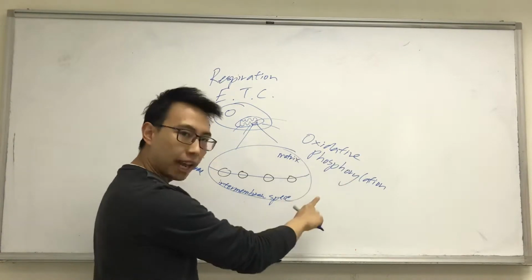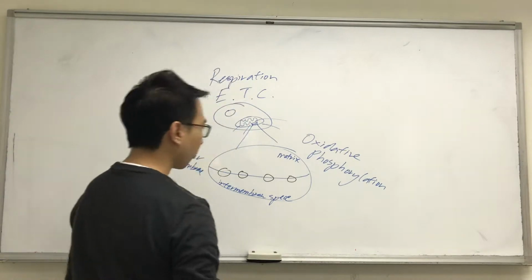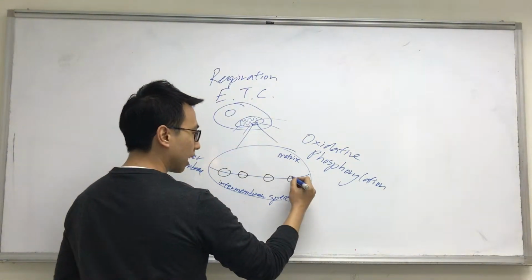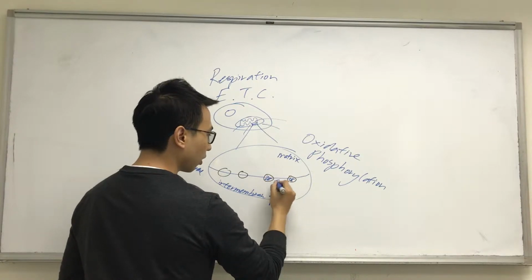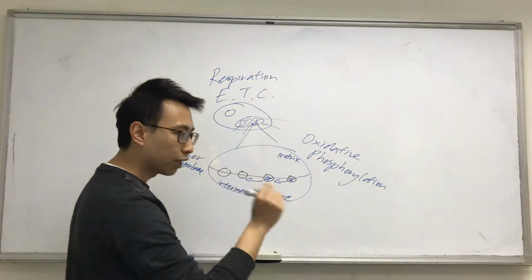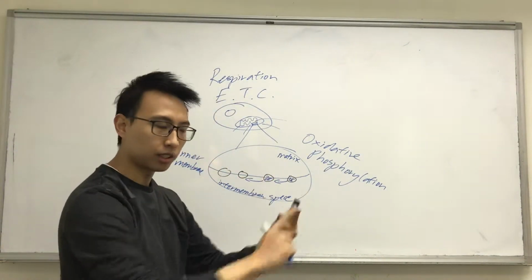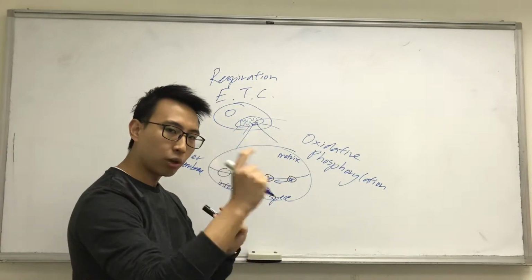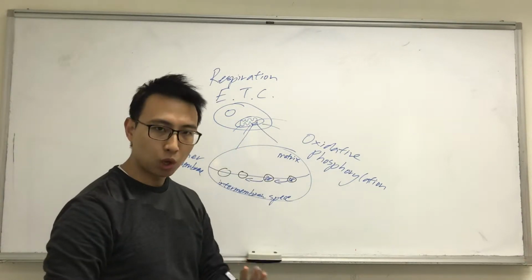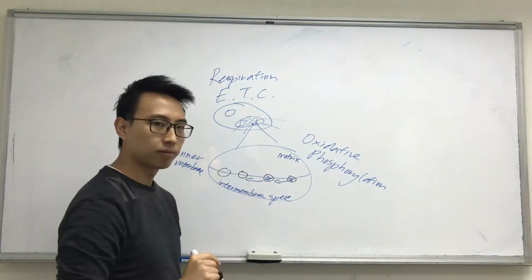Phosphorylation, you are adding a phosphate to a molecule. So, as a pair of electrons is lost from a hydrogen carrier, which you produce from your glycolysis, your link reaction, your Krebs cycle, the electron carriers NADH will lose the electrons and put them into the electron transport chain.